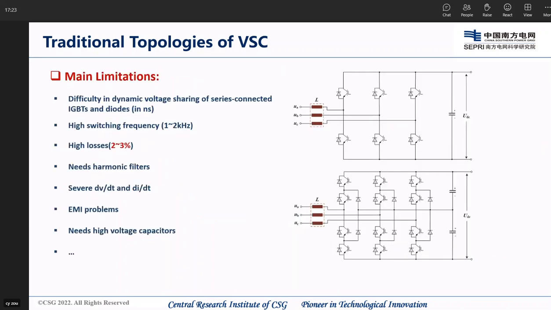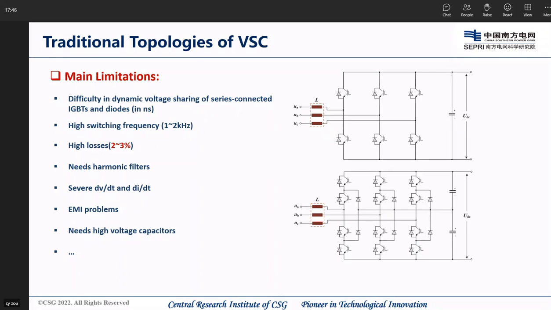The main limitation of two-level and three-level converters is that it is really difficult to control dynamic voltage sharing of series-connected IGBTs and diodes in nanoseconds. We need to strictly control the parasitic parameters of the driving system and the main branches.